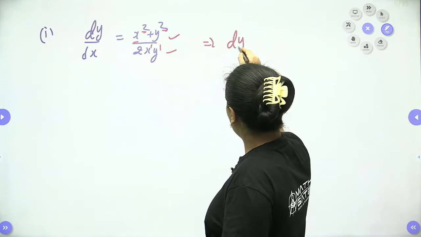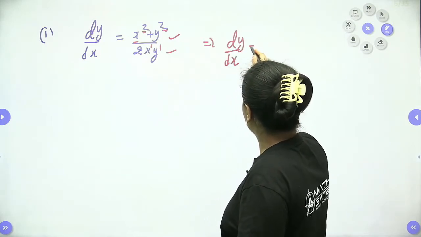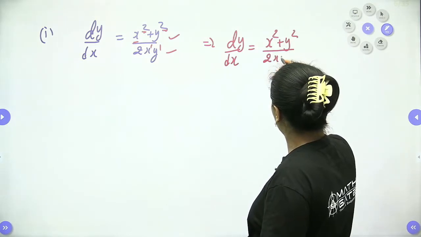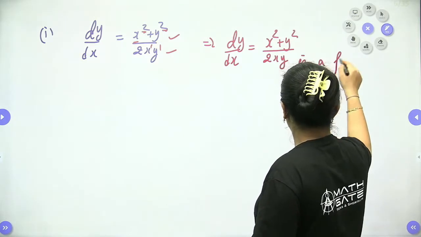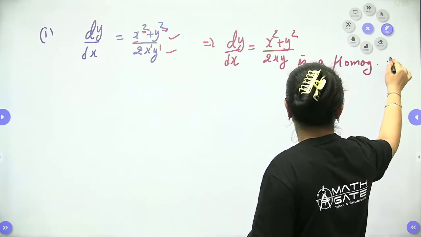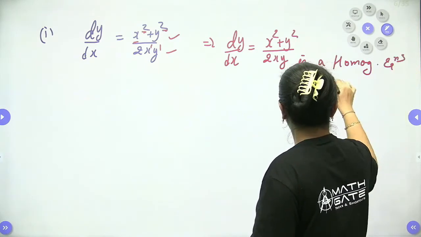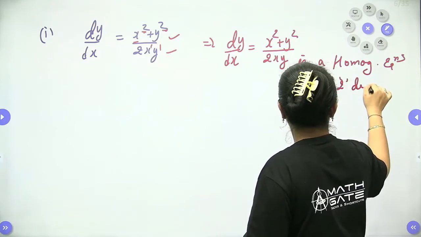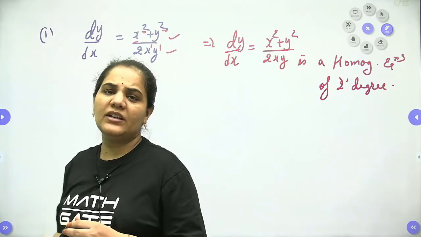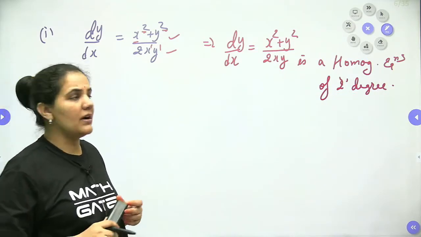So we can write down dy by dx is equals to x square plus y square by 2xy is a homogeneous equation of 2 degree. In the numerator you can see the power is 2, in the denominator also the power is equals to 2.